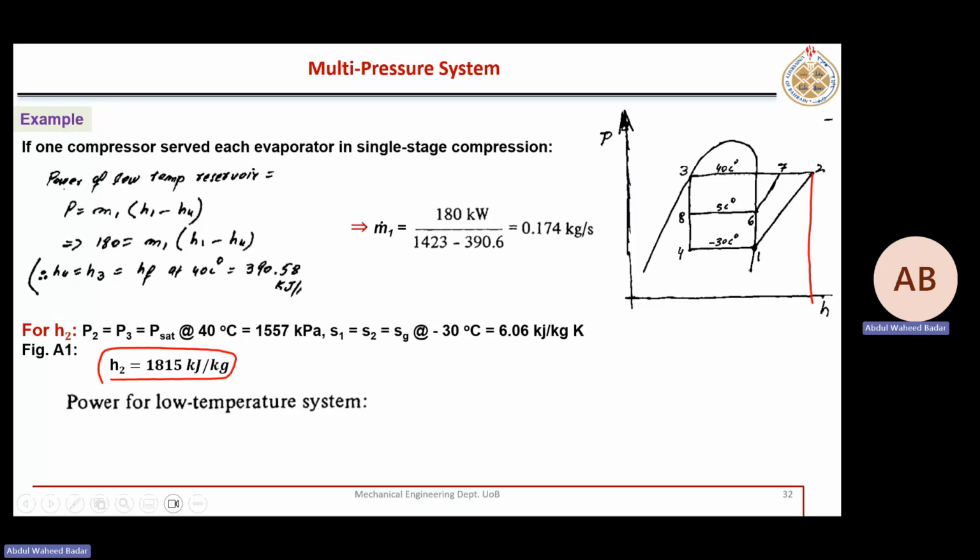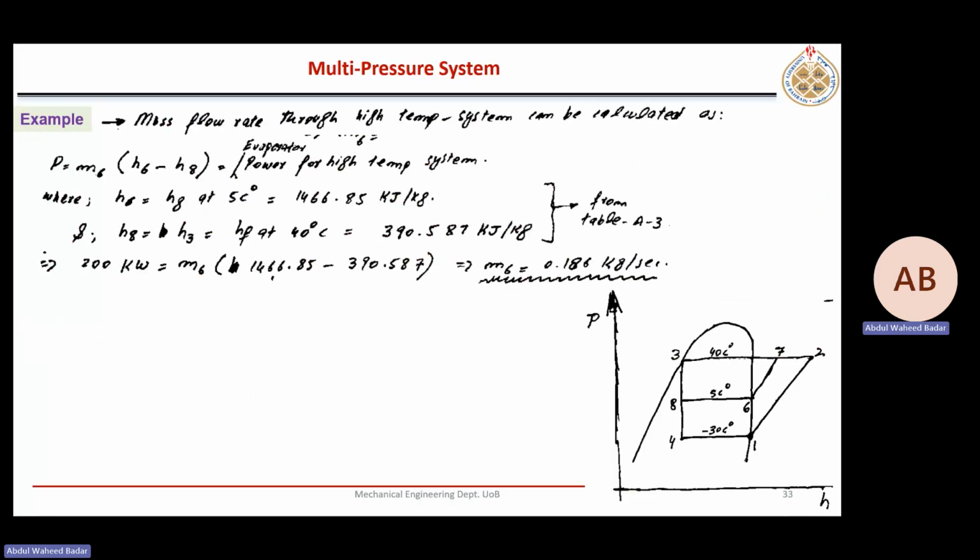This point 2 will be 1815 kilojoules per kilo. So the power of this compressor is simply m dot into H2 minus H1. Now for the high stage compressor, first calculate m dot 6. First calculate enthalpies. H6 is equal to Hg.